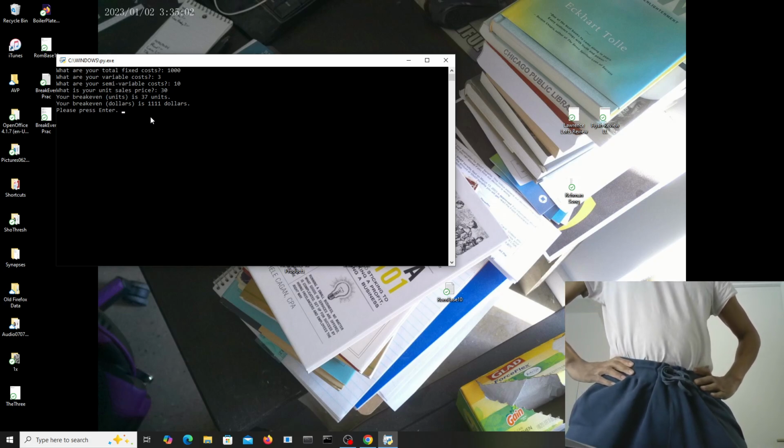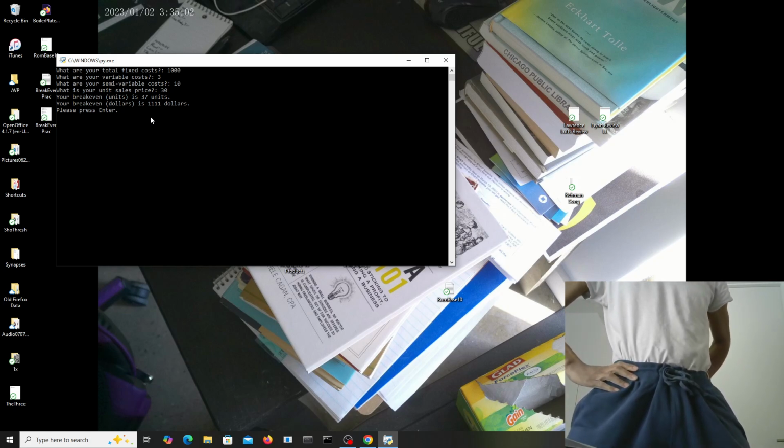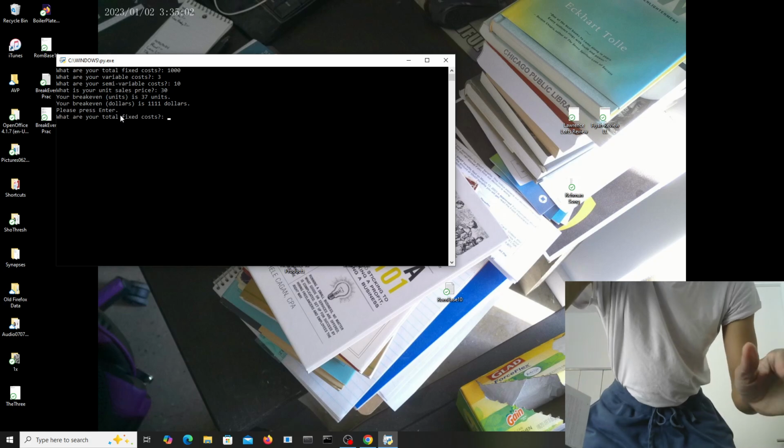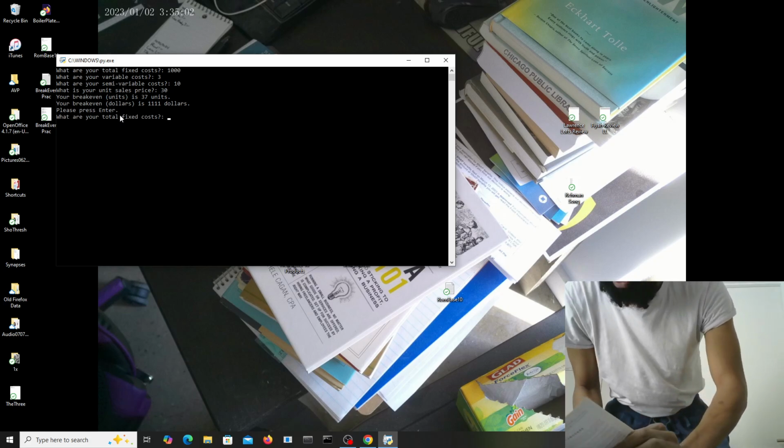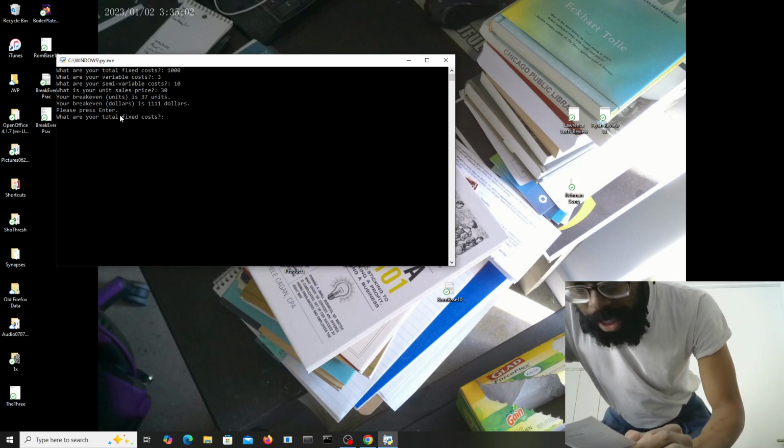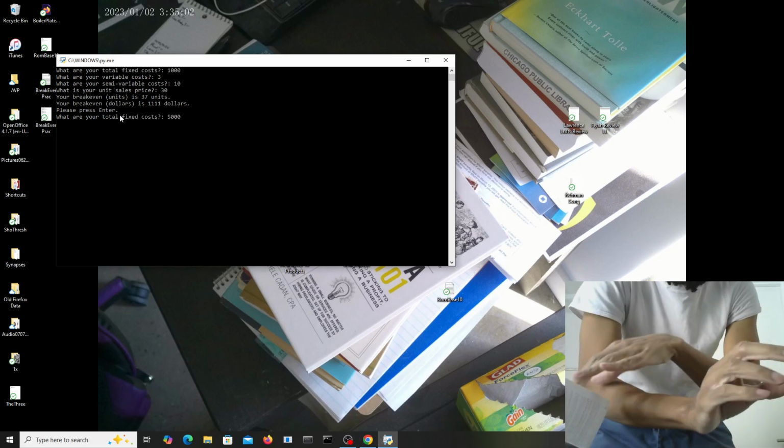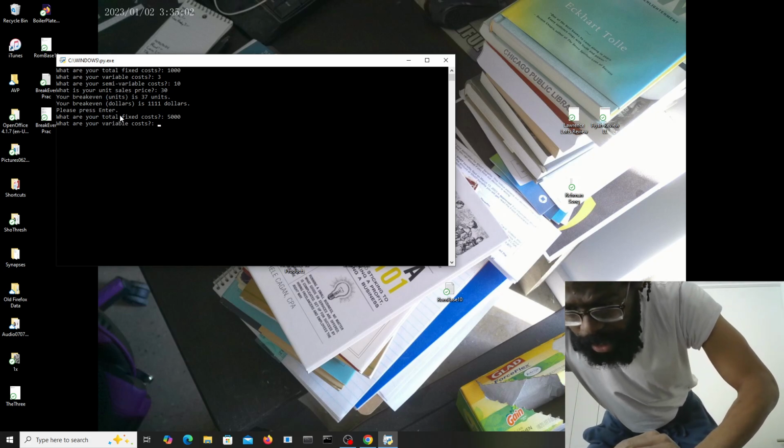I'm going to do the example from the book to test this and make sure it works. What are your total fixed costs? 5,000 per month. What are your total variable costs? $1.